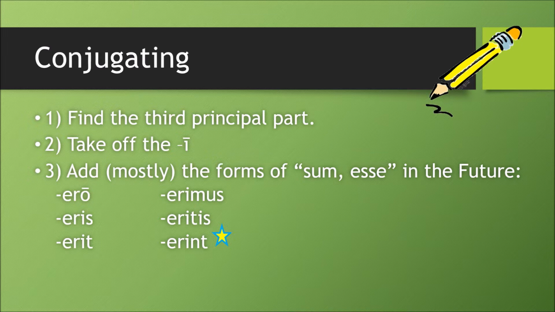And so our future perfect endings are ero, eris, erit, eremus, eritis, erint. And the future tense form of sum esse, as we practiced before, is erunt. You'll notice that there is a little bit of a change when we conjugate in the future perfect. The U instead becomes an I, or rather the I is kept as opposed to being changed.